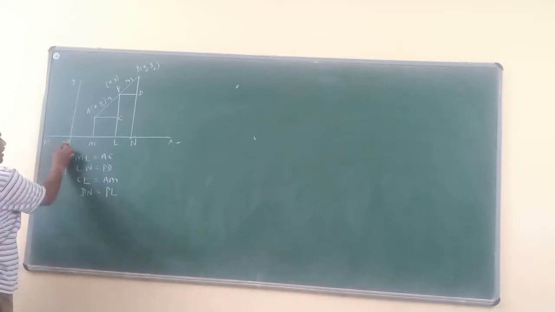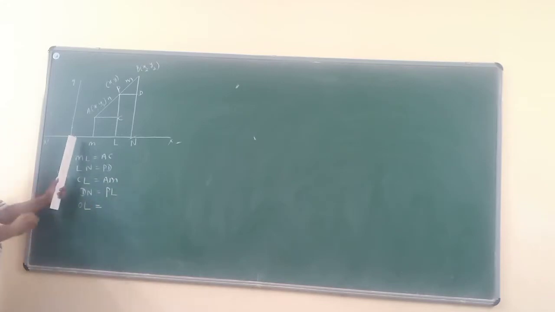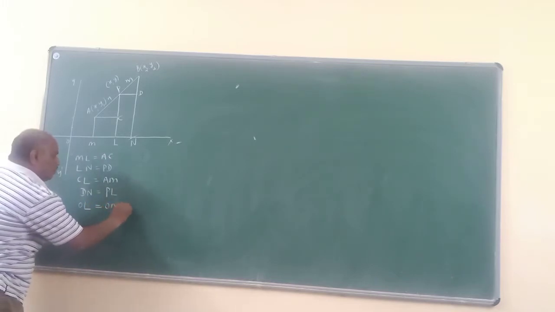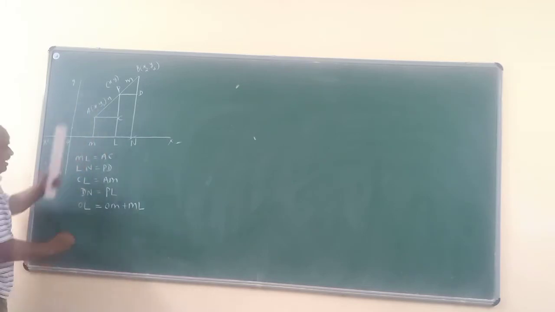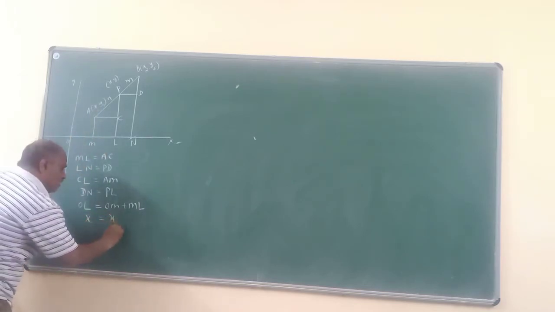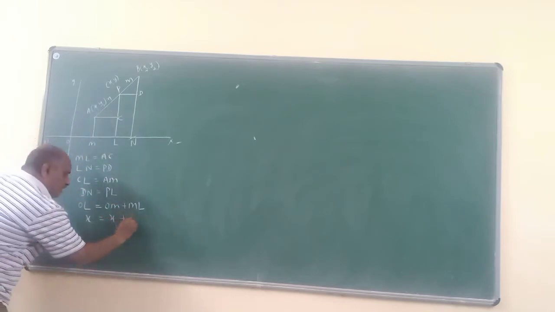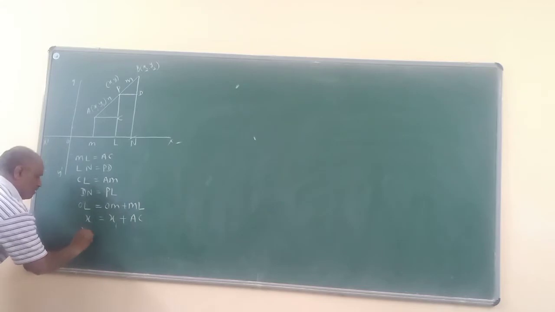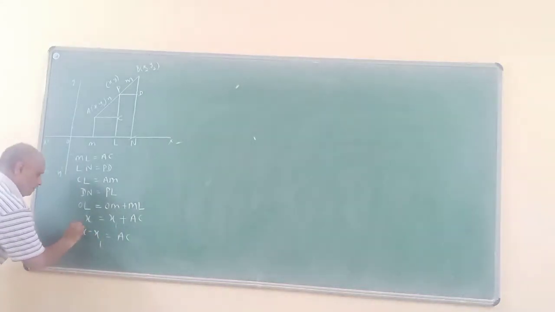Now you want OL, so we add OM length and MN length, then only we get OL. So OL is OM plus MN. OM is x1, and MN is nothing but AC. So x minus x1 is equal to AC.